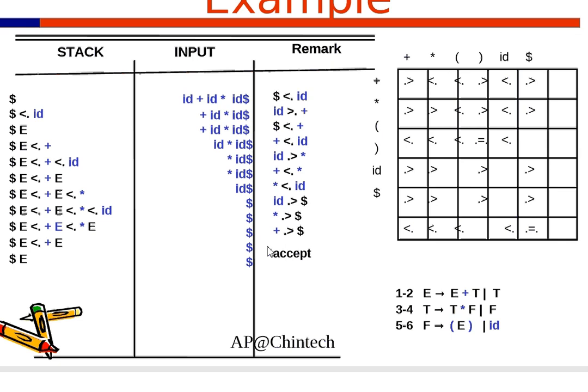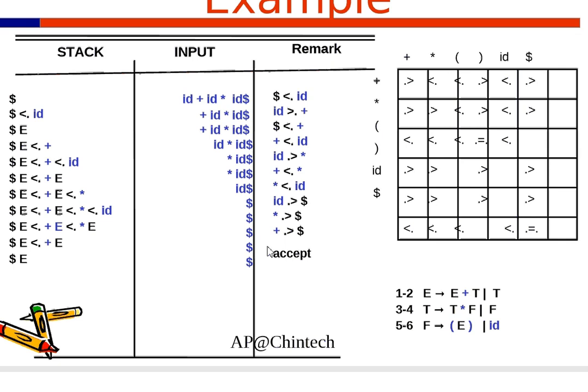So first of all the condition is less than, what you will do is shift it, and next condition is ID and plus, it is greater, what you will do is pop it, and that is a handle, since it is a handle, I am reducing it, so it is equivalent to dollar E.